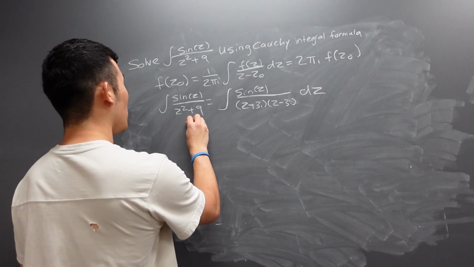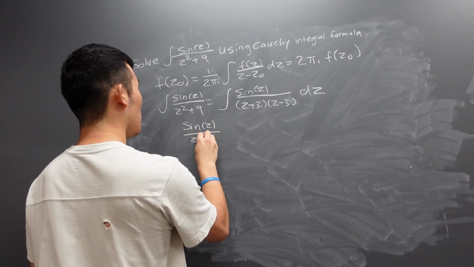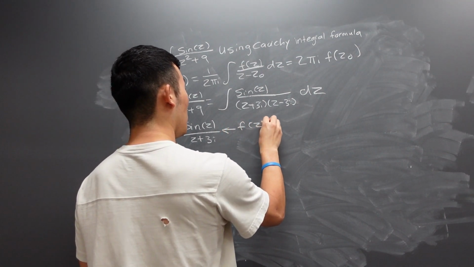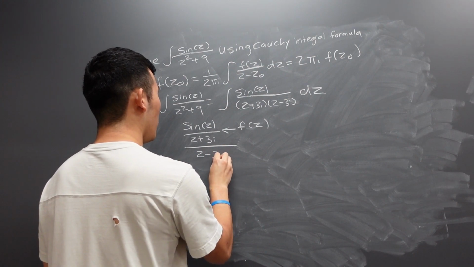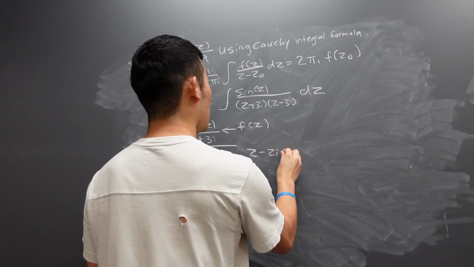So let me rewrite that. This would be f of z, and the bottom would be z minus 3i.